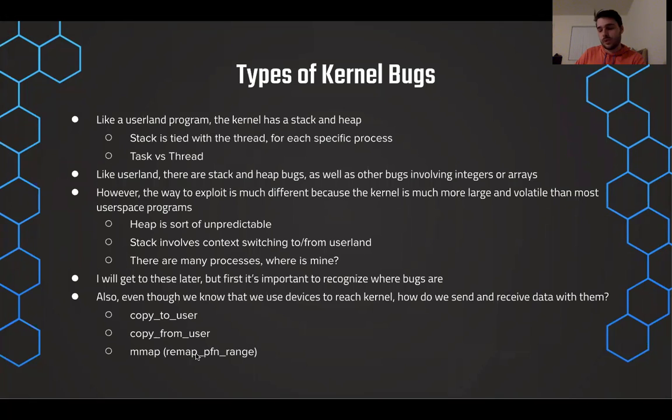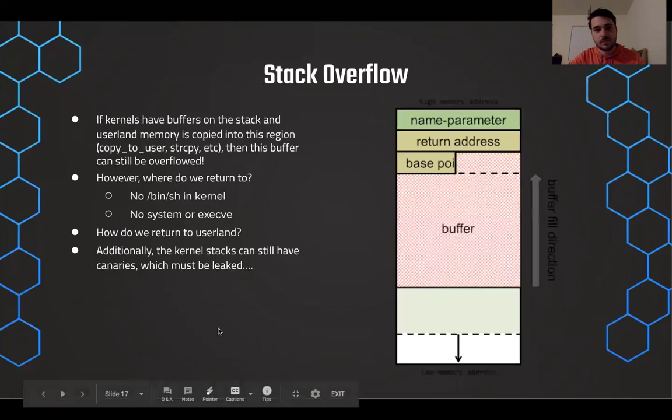So if you call mmap with the driver, it does some specific stuff based on the address in your mapped region, sort of like a DMA device. So that's another thing to keep in mind. But generally, copy_to_user and copy_from_user do what they say: they copy data to the user or from the user to the kernel. And these are the general starting points of where you have control besides the arguments.